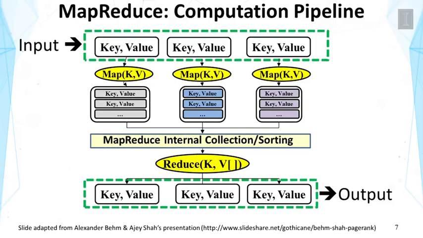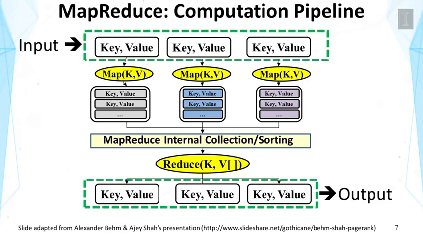So here's how MapReduce works. The input data would be separated into a number of key value pairs. Now, what exactly is in the value will depend on the data, and it's actually a fairly general framework to allow you to just partition the data into different parts, and each part can then be processed in parallel.